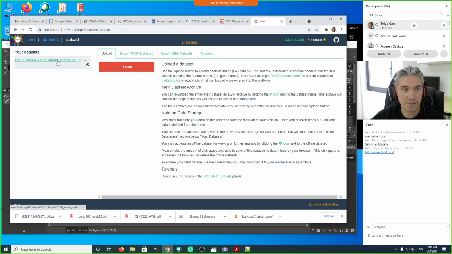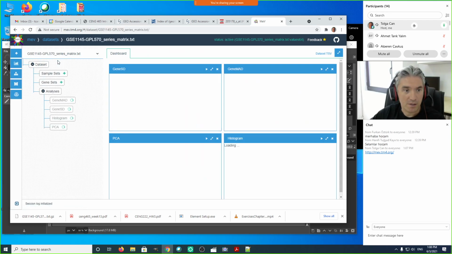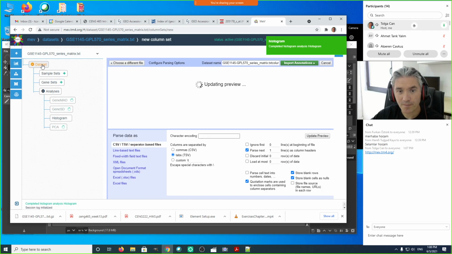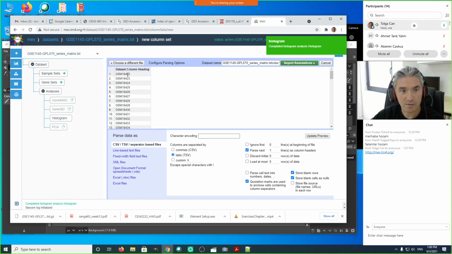So when I click on it, it will hopefully tell me the dataset, dashboard, sample sets, gene sets. Well, yeah, dataset column heading. So it was able to process. These are my samples.